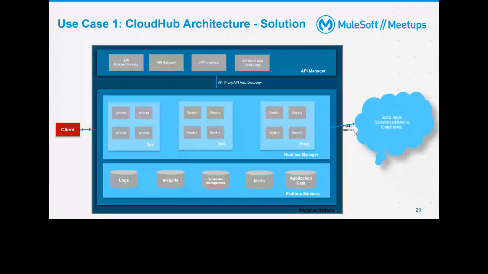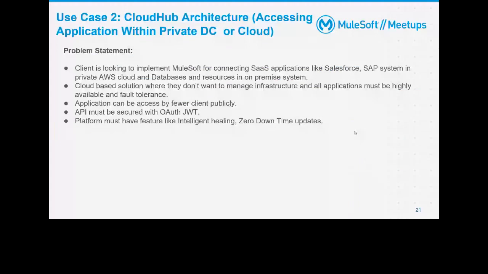My second use case is a client who wants to implement MuleSoft to connect a SaaS application like Salesforce. They also want to connect the SAP system which exists in a private AWS cloud, and a database and resources in the on-premise system. Here we have three things. One, connect to Salesforce, which is available on the public internet. We don't have any issue; MuleSoft can do that. Second, the SAP system, which is available in a private VPC of AWS.